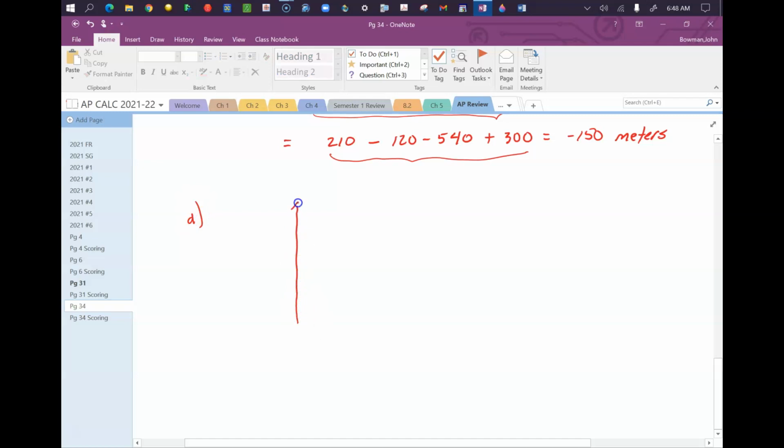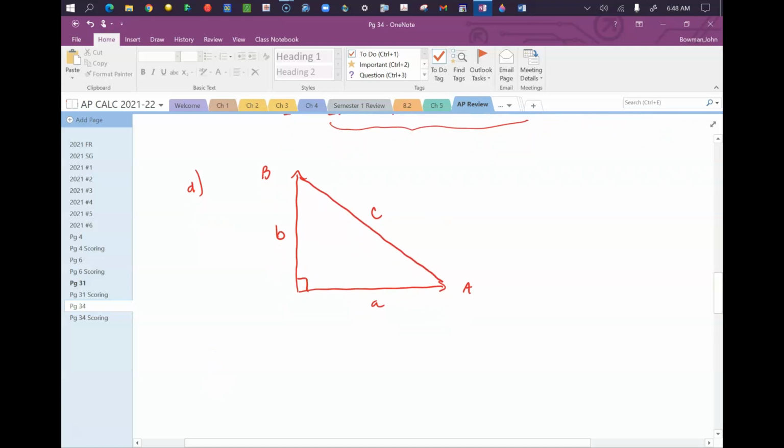So I think that you need to have a good visual of what's going on here. And really what's happening is you've got train A heading east, and you've got train B heading north, and we're trying to find the distance between them, and we'll call that C. So let's call this A, and we'll call this B, and we'll call that hypotenuse, the distance between them, C. So we know that A squared plus B squared is equal to C squared.